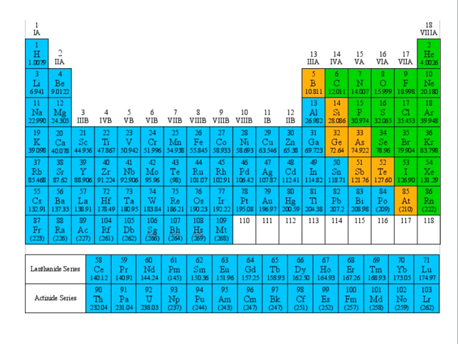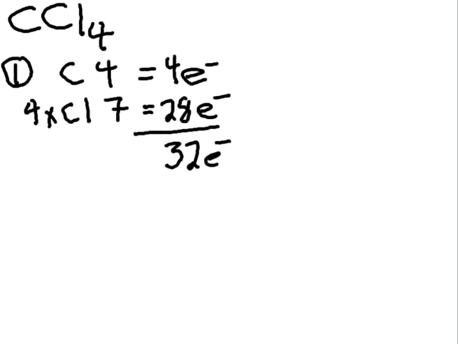The group number of chlorine is 17, meaning each chlorine atom contains 7 valence electrons. There is 1 carbon atom donating 4 valence electrons and 4 chlorine atoms each donating 7 valence electrons. This results in a total of 32 electrons that must be represented in the final Lewis structure of this compound.